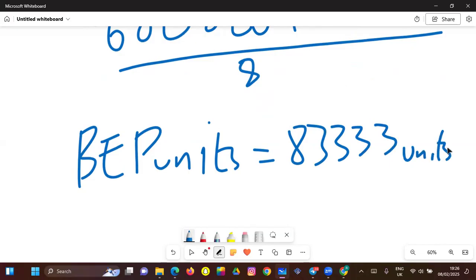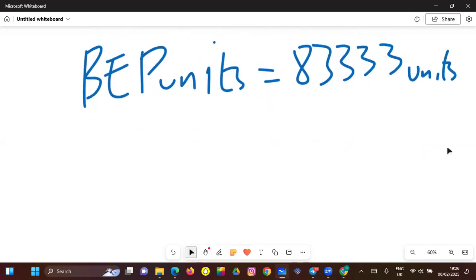Right. When we divide the same thing by our contribution to sales ratio, we are going to get our sales revenue. Do you get it? So that is basically the overview of whatever we are going to do today.